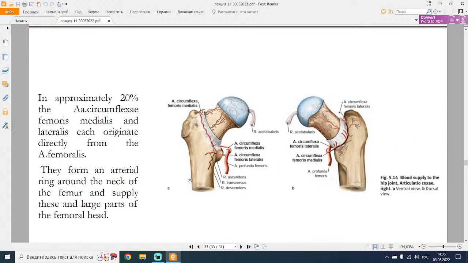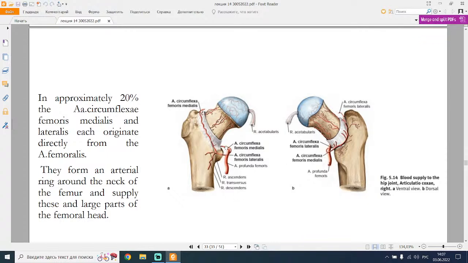In approximately 20%, the arteria circumflexa femoris medialis and lateralis each originate from the arteria femoralis. They form an arterial ring around the neck of the femur and supply this and large parts of the femoral head.